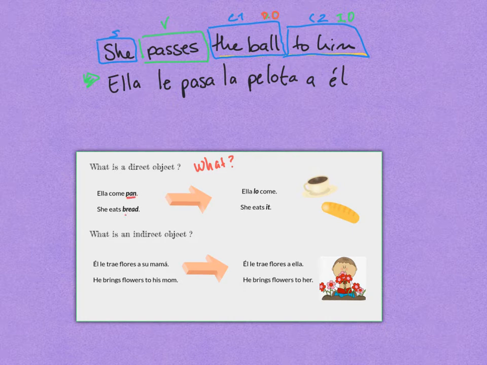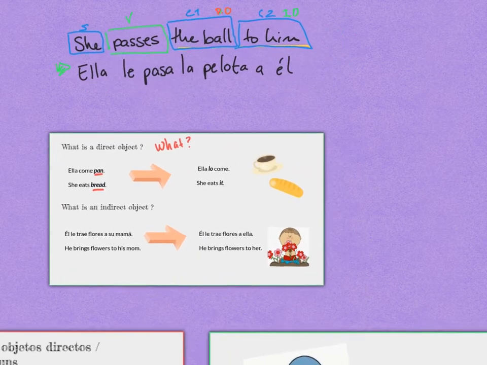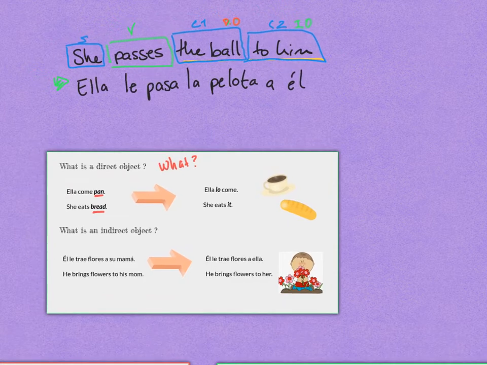That's the direct object. Okay, now we learned before as well that pronouns are words that can be used to replace nouns. In this case, we have the noun the ball, and a direct object pronoun would be a word that we can use to replace the noun the ball.